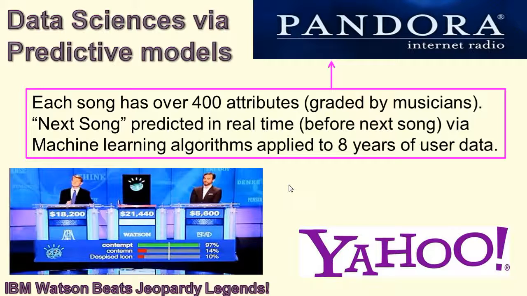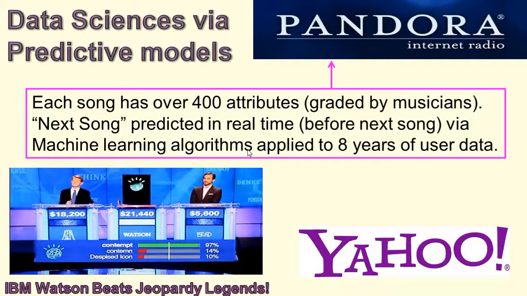So musicians prepare a data set where each song is described by 400 different items. The next song that you hear is predicted in real time before the next song has to begin using machine learning algorithms that are applied to 8 years of these 400 attribute user data.